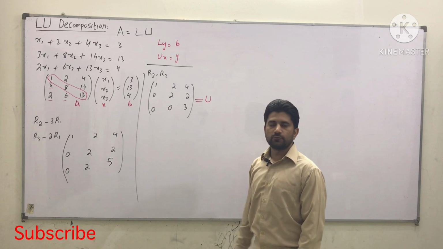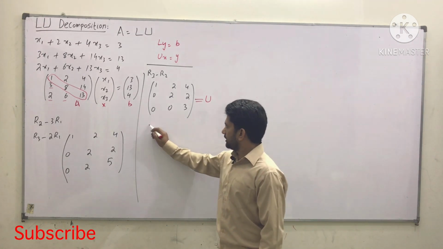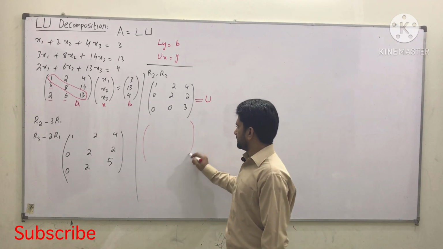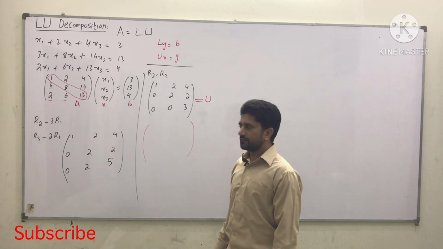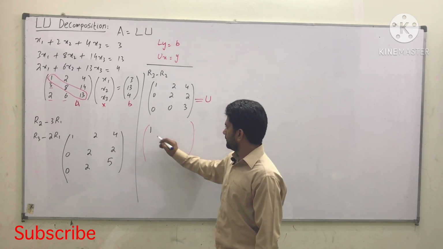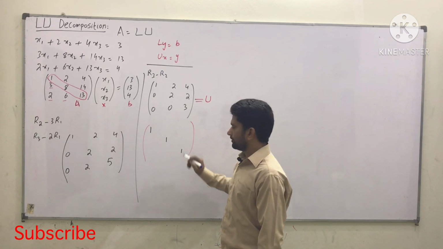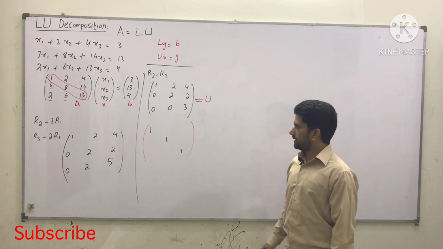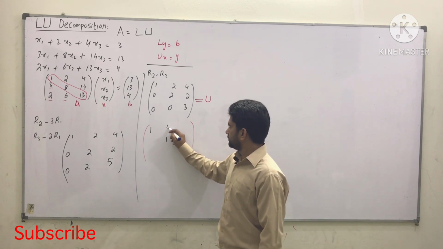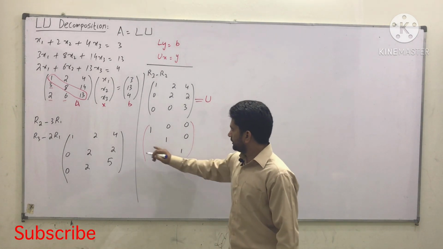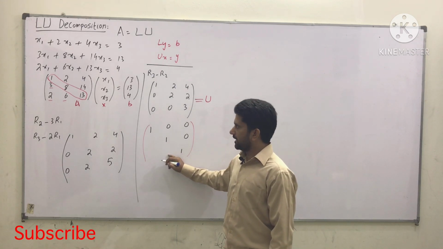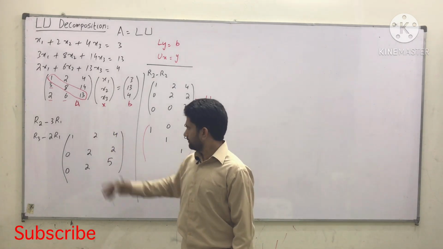Now with the help of U we will write our lower triangular matrix, and we know that in a lower triangular matrix at the diagonal we have 1 and the upper elements are 0. Now these three we find with the help of these operations.